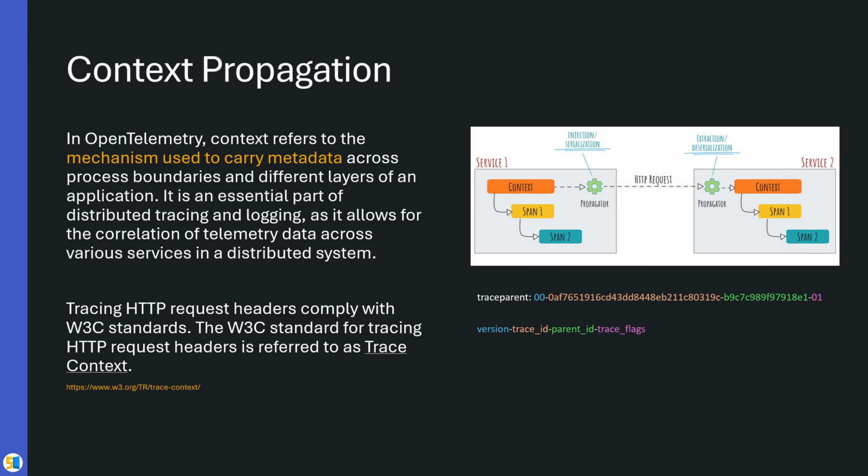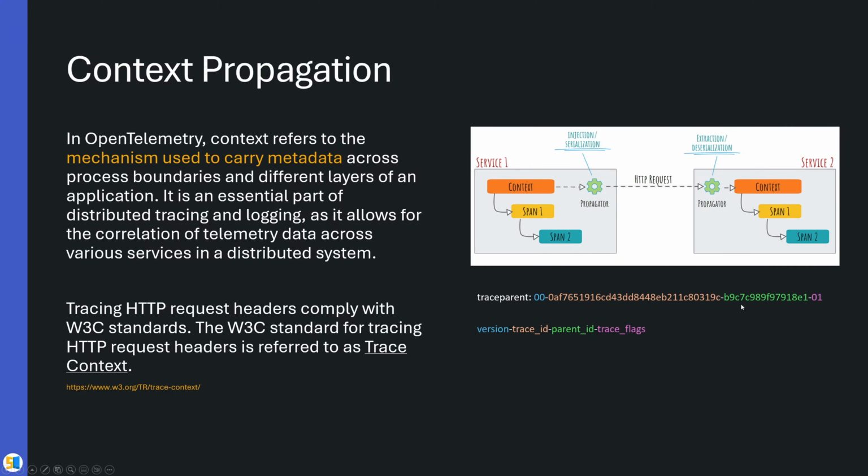And inside the header of the context propagation, there will be a key of traceparent. And the value will be like this. The first 2 digits are the version, which right now is always 00. The next part, the orange one here, is the trace ID of the previous service.